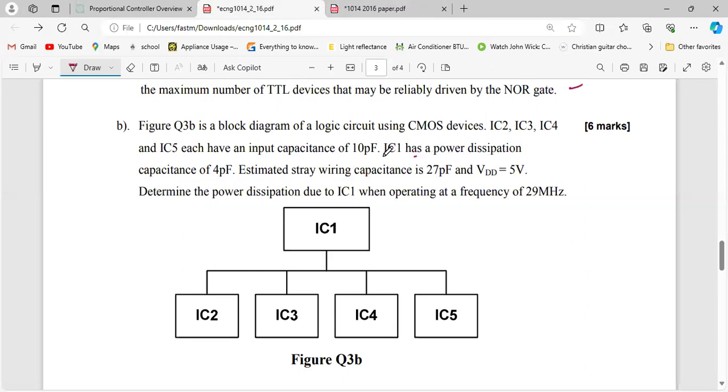So they said that one here. This is with respect to IC1. Remember, IC1 incorporates IC2, IC3, IC4, and IC5. So they give you the power dissipation for IC1. IC1 power dissipation is due to IC2 to 5. Right? So that is why they said the power dissipation due to IC1.